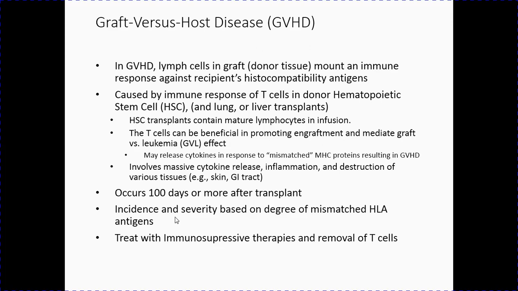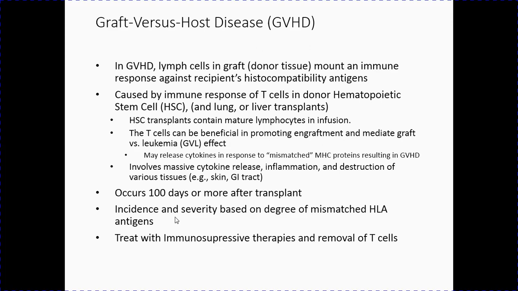The bad news is these donor T cells are going to recognize the recipient cells as foreign and can release massive amounts of cytokines, causing inflammation and destruction of tissue, including the skin and the GI tract. It can have a really overarchingly bad response for the recipient, and we call that graft versus host disease because it's the graft responding against the host. Sort of David versus Goliath. In this case, it's graft versus the host.